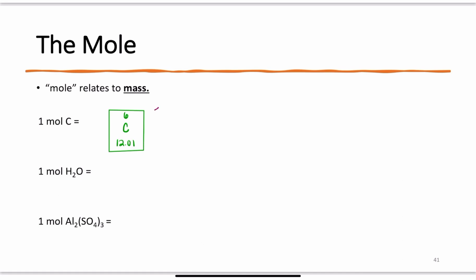And we talked about this. We said, you know, up here is your atomic number, which tells you your number of protons, and tells you the number of electrons in a neutral species. This is your elemental symbol. And this is your average mass.